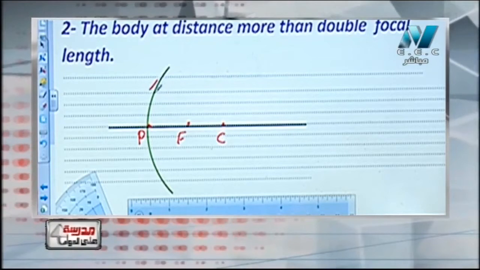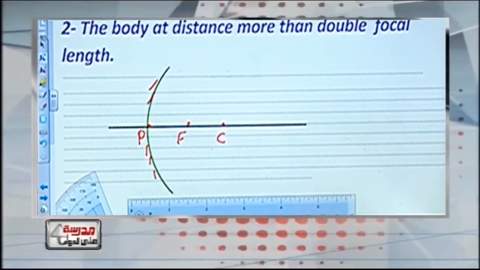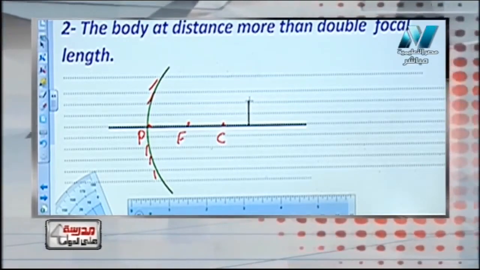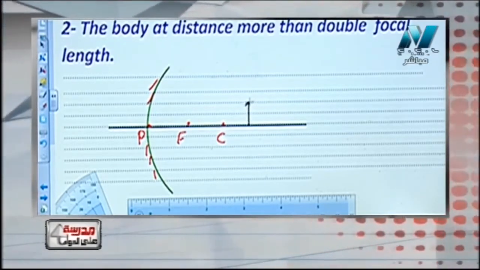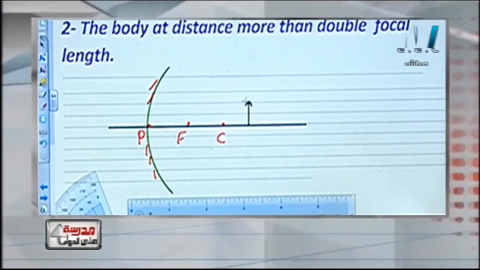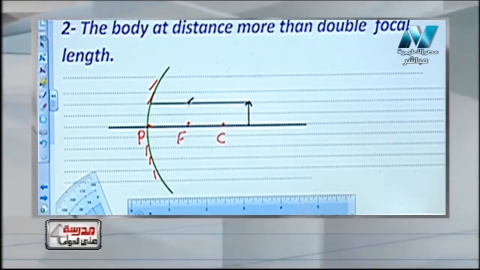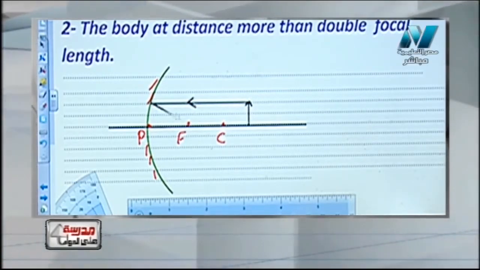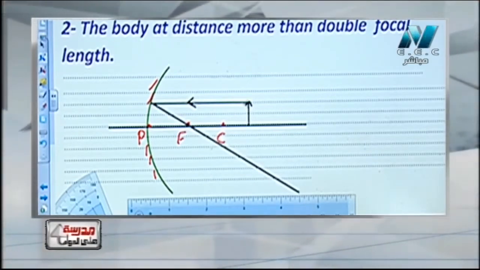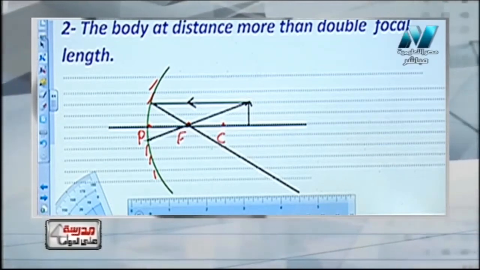In this case, the object at distance more than double focal length. So the object at distance after center of curvature. We should use at least 2 rules. Number 1, light ray falls parallel to the principal axis. It will reflect through focus. Then the second law, light ray falling through the focus.